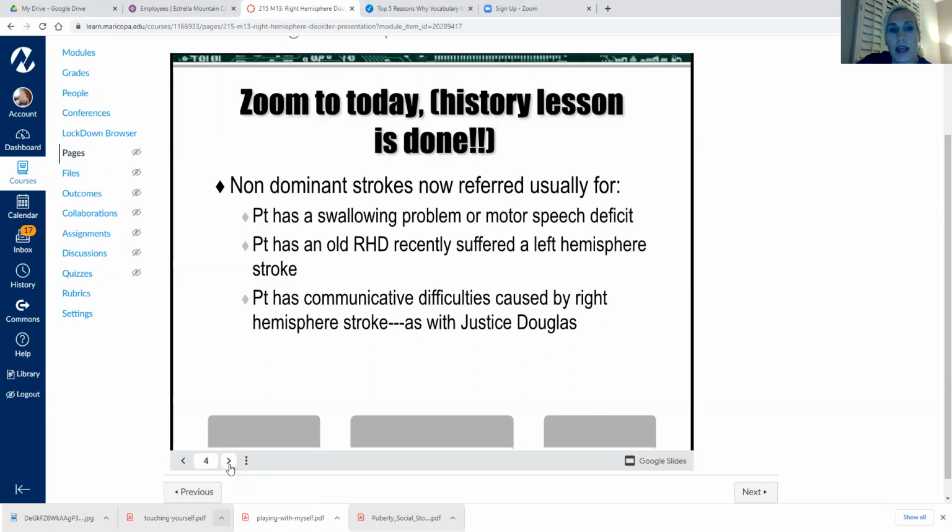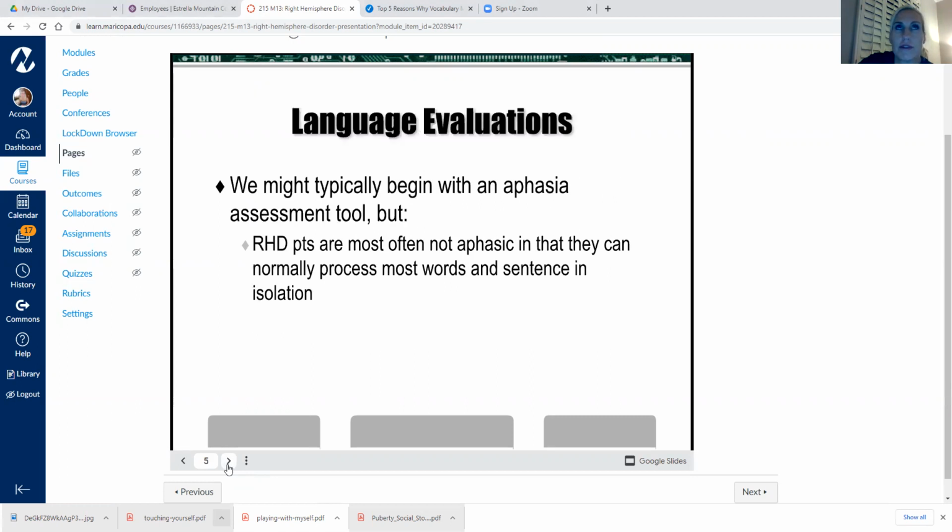regularly. And non-dominant strokes are now referred usually for a swallowing or motor problem, or they've had a history, a right side stroke and now it's a left, and definitely maybe do have some communicative difficulties.